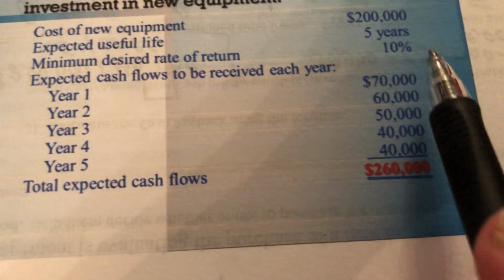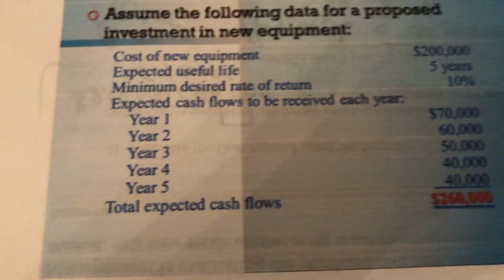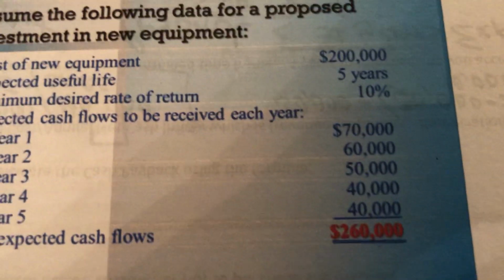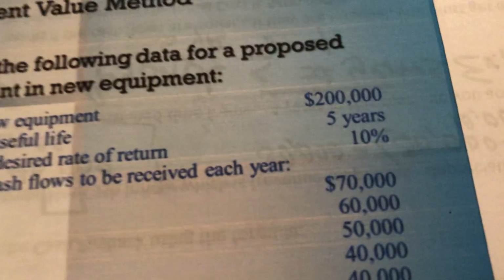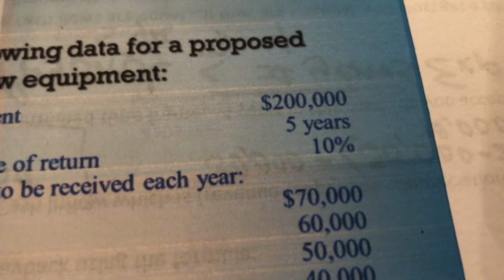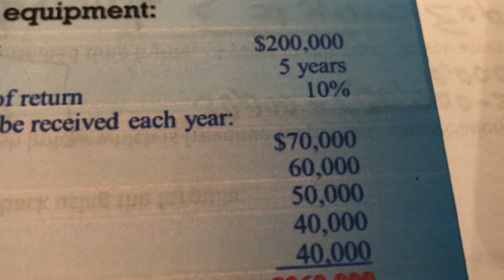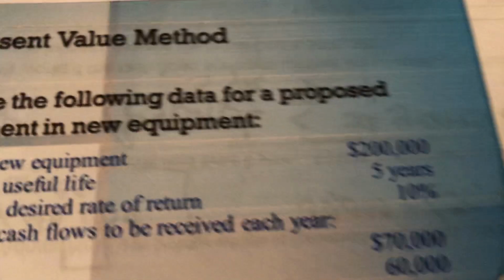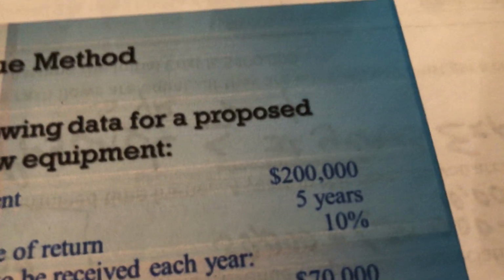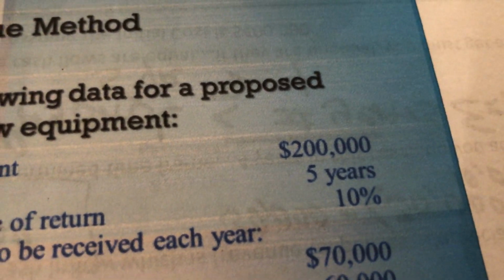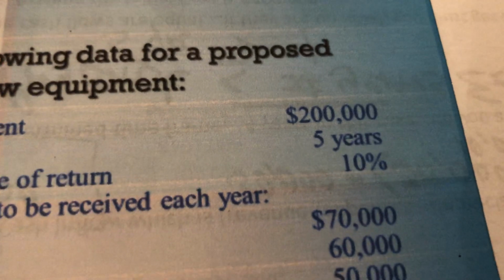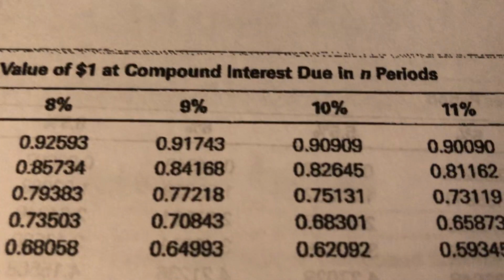Okay. Now, we want to calculate the present value. Since these are unequal cash flows, we have to do it the first way using the table A2, A3. You're going to have to use that table because they're unequal. Had they been equal, you could have used the other table. So we want to look in the table that says A2, A3, and we want to find 10%. Okay, so find your 10% column in this table, and this is on page A3.